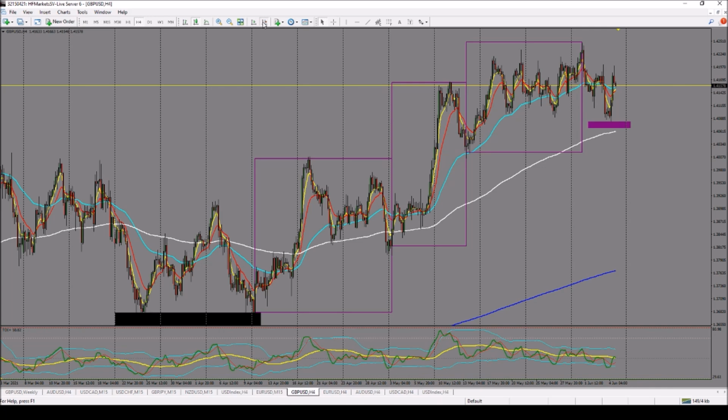If it's yes, are we expecting to see a reset? Yes or no? Which side are we looking to go within that pair in the coming week? Is it the buy side or the sell side? If it's buy side, which setups are we looking at? Or if it's the sell side, which setups are we looking at?